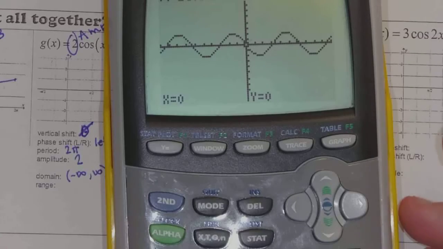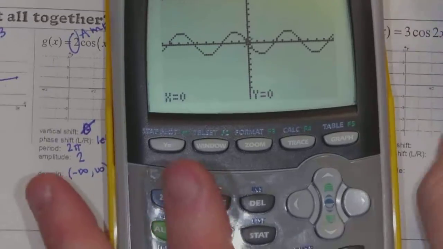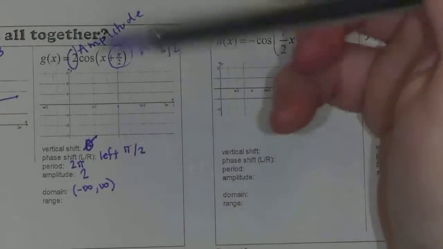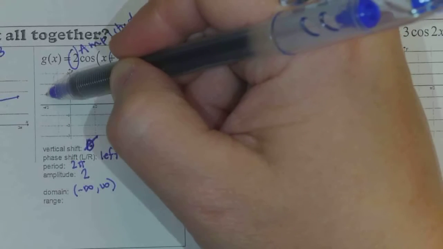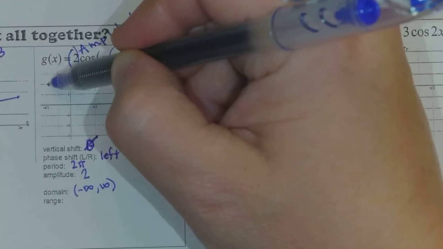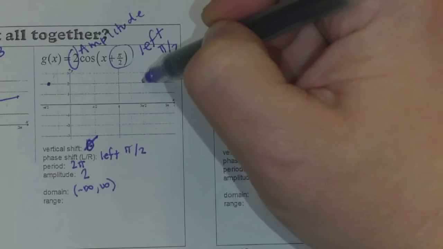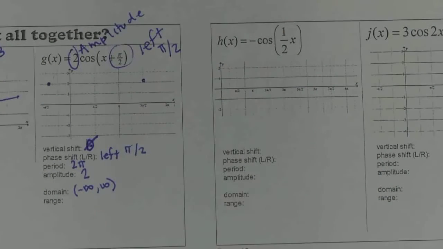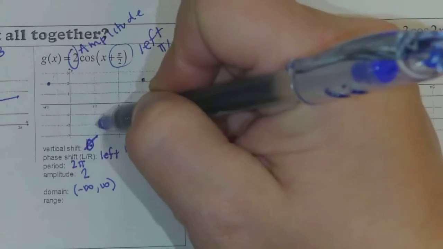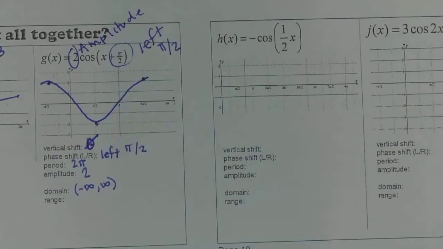So you can give it a good sketch from your graphing calculator. So we're something looking like that.